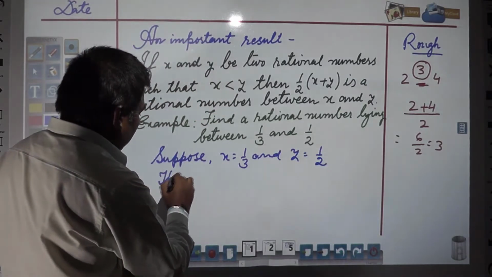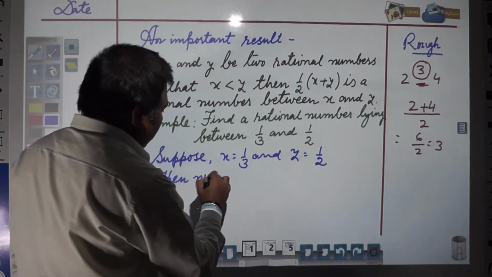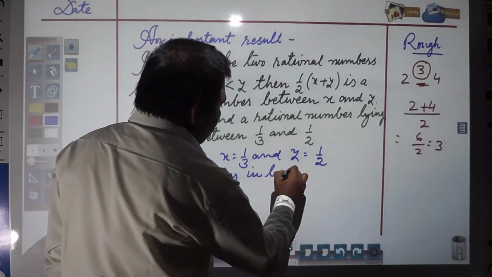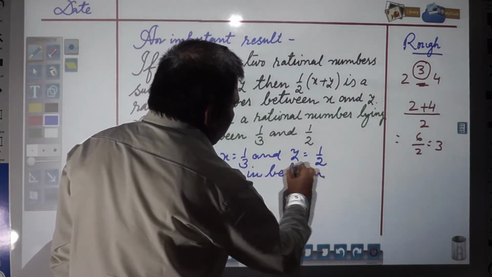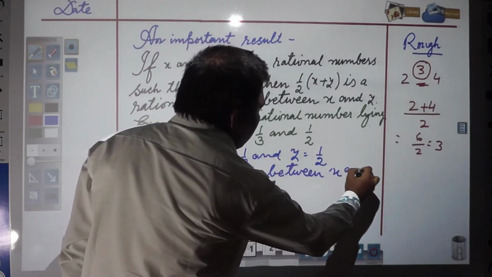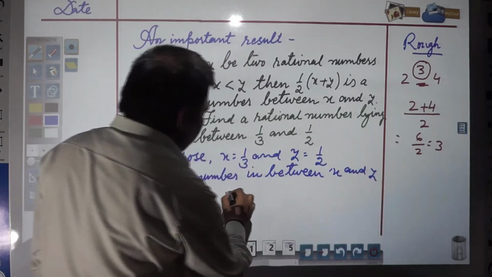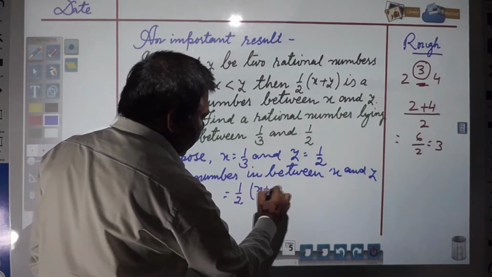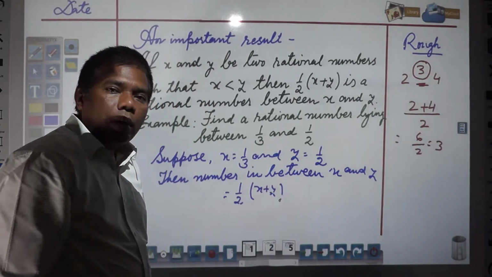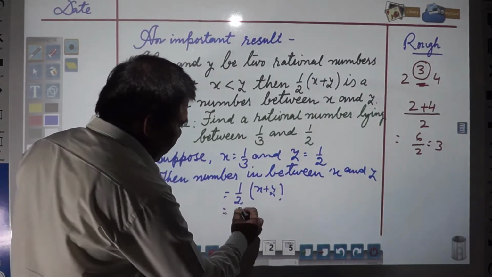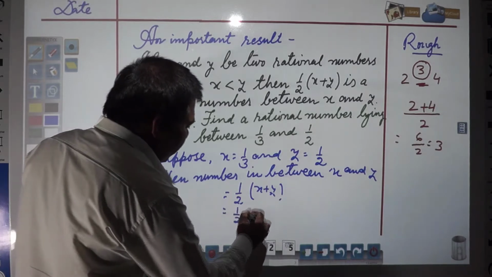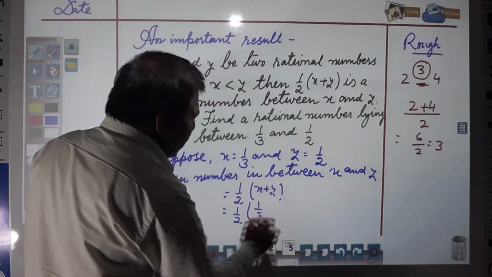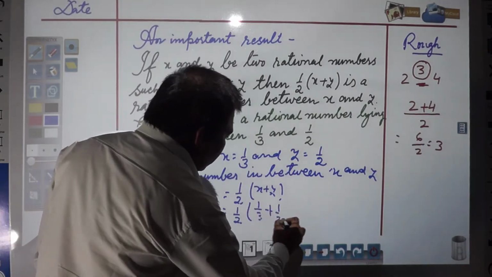Then the number in between x and y will be equal to half of x plus y, and this will be equal to 1 by 2 times, in place of x and y, 1 by 3 plus 1 by 2.